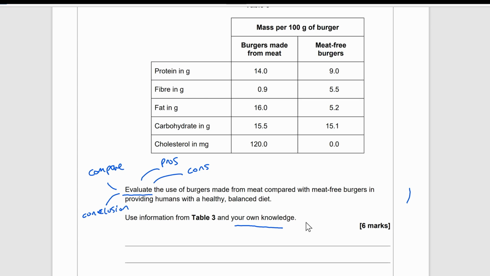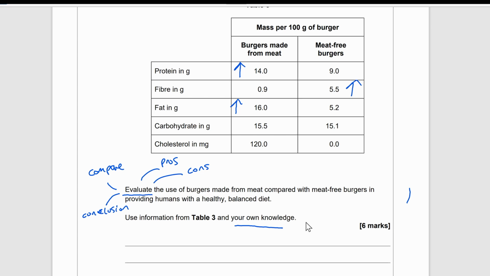So the first thing that we want to do is compare. We go through each of these nutrients and compare. Protein, we can see, is higher in burgers made from meat. There's a comparative language that we use, higher. Fiber is higher in meat-free burgers. Fat is higher in meat burgers.